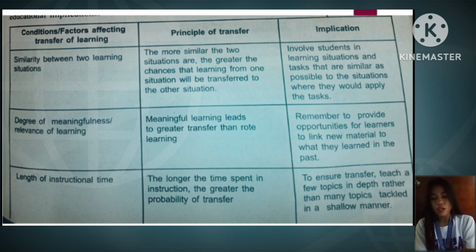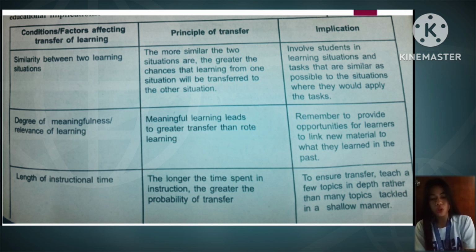Next is length of instructional time. Principle of transfer: the longer the time spent in instruction, the greater the probability of transfer. Kumbaga, kung mas mahaba ang oras sa pagtuturo, mas matututo ang mga bata at mas malaki ang tsansa na ang mga natutunan nila sa oras na iyon ay magamit nila sa susunod pang pag-aaral.